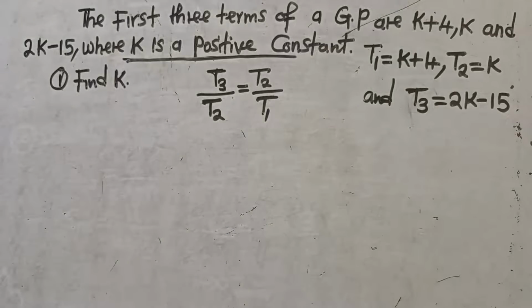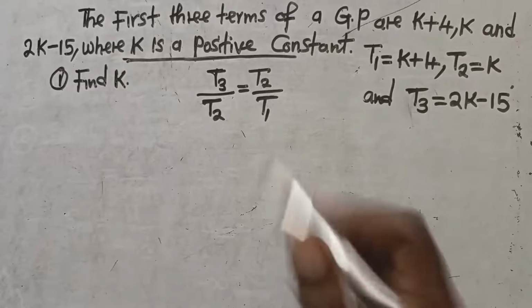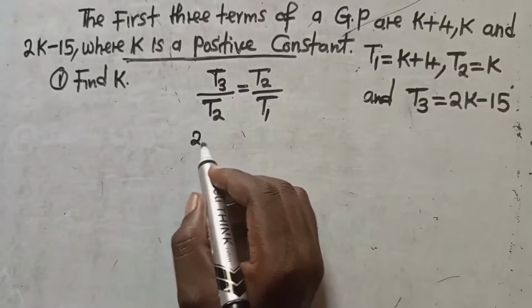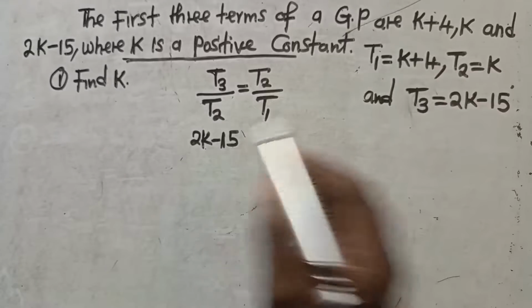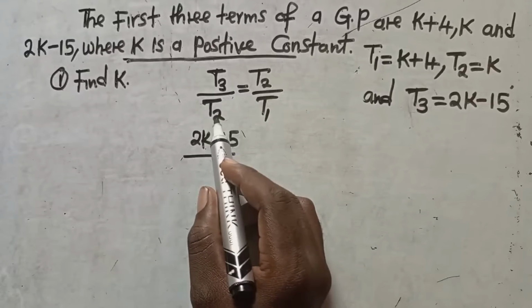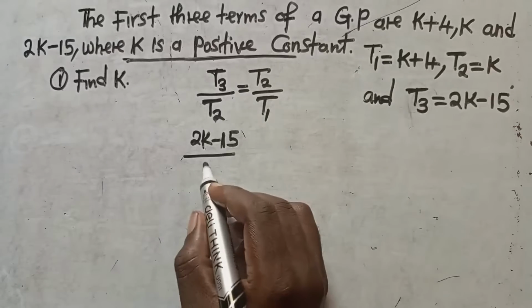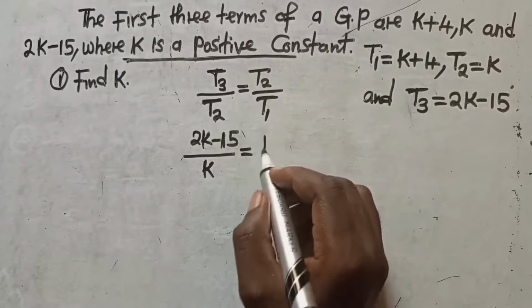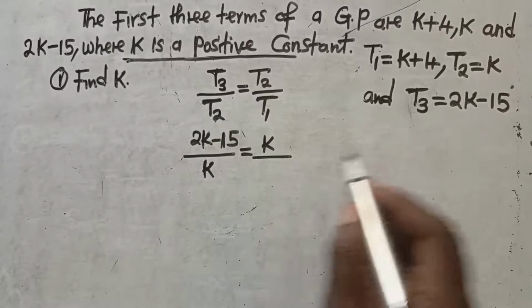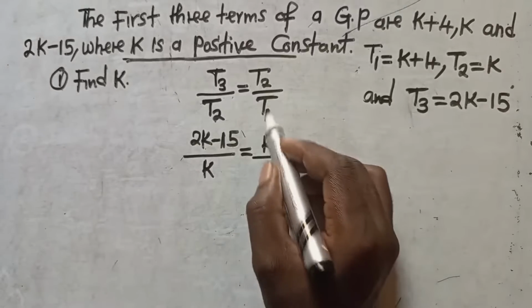How can you answer this question? We substitute T3, the third term, which is 2k minus 15, over the second term, k, which is equal to the second term, k, over the first term, T1.